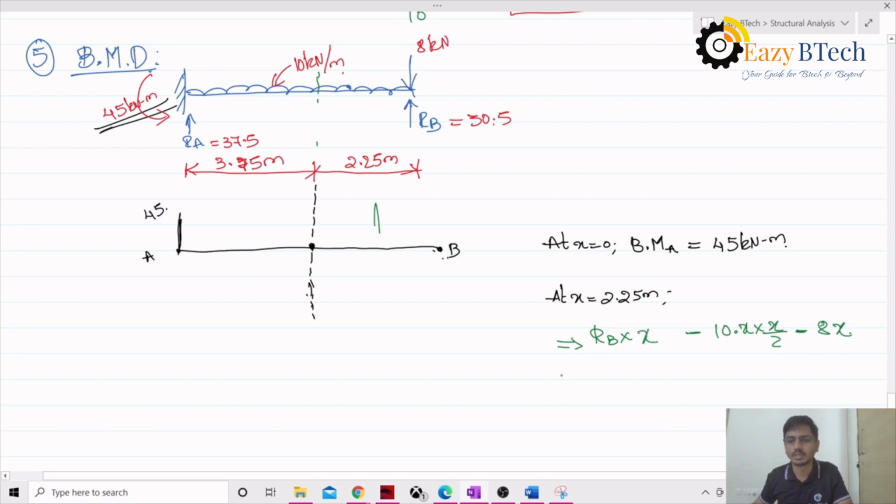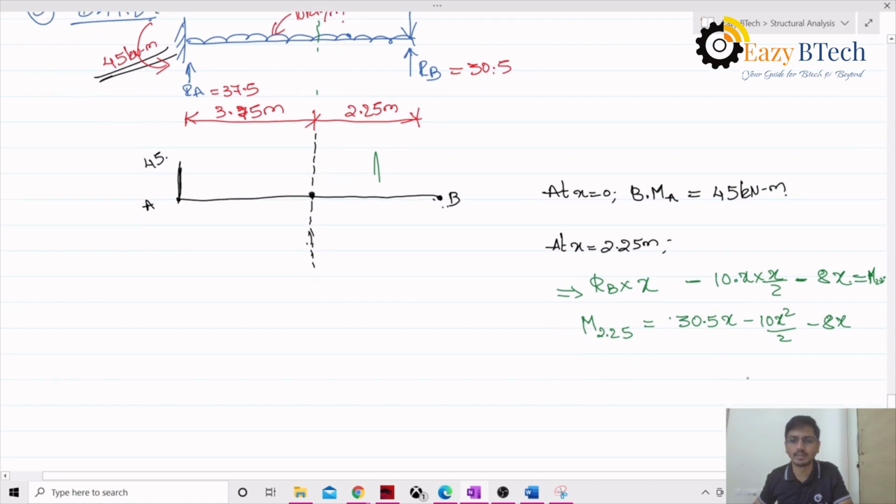So RB into x. Now moment at 2.25, what is my RB? Let us write in terms of x: 30.5x minus 10x square by 2 minus 8x. This is the equation.